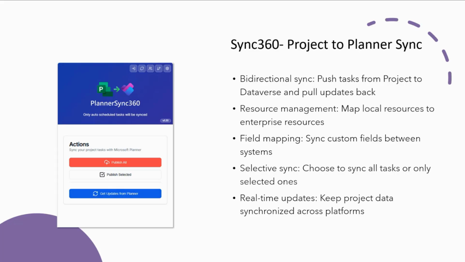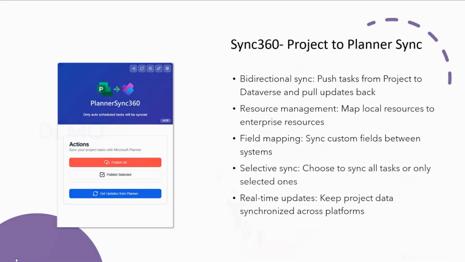And from that, I'm going to show you how you can map local resources. If you wanted to map certain fields, you could do that. I'm also going to show you how you can use Planner and sync back to Microsoft Project. So it really is a bi-directional product that you will be able to use.